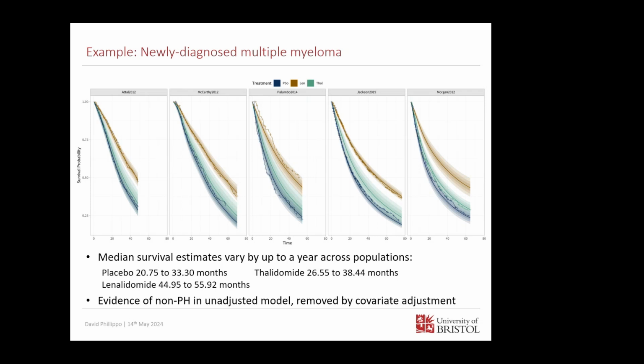But even just by including baseline covariate information, that was sufficient to remove any evidence of non-proportionality. So that's quite a powerful feature. You don't necessarily need time-varying covariates to explain non-proportional hazards. Even just adjusting for baseline covariates can be sufficient.